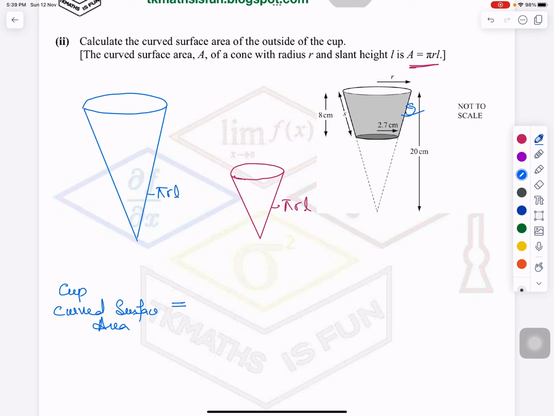So it is equals to what? Curved surface area. Now this is my abbreviation, not a standard one, okay? Curved surface area of a bigger cone minus curved surface area of the smaller cone. You understand what I'm doing?